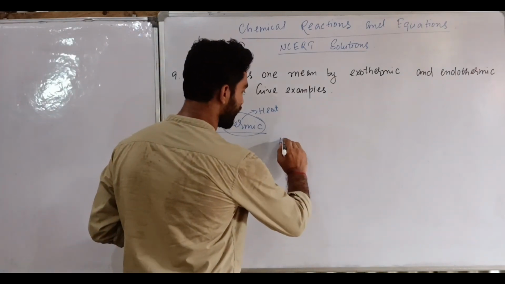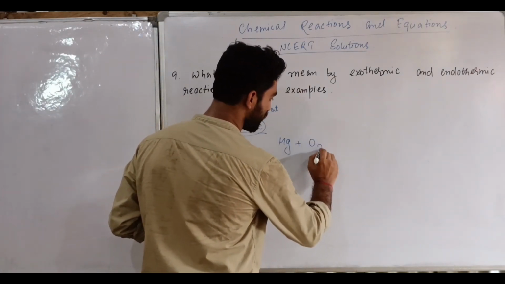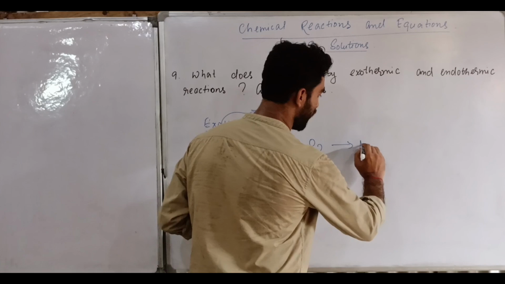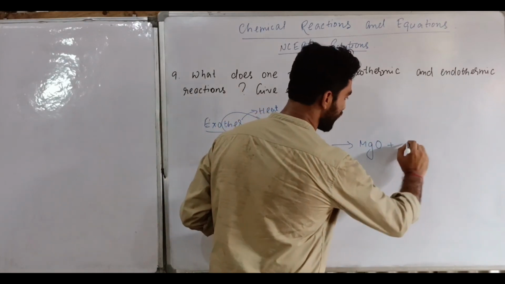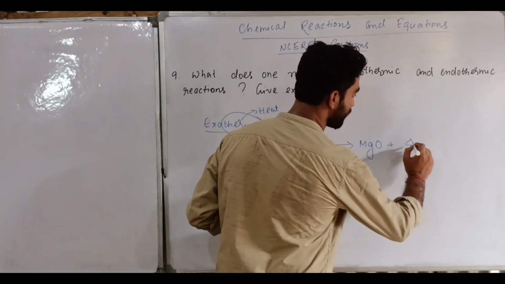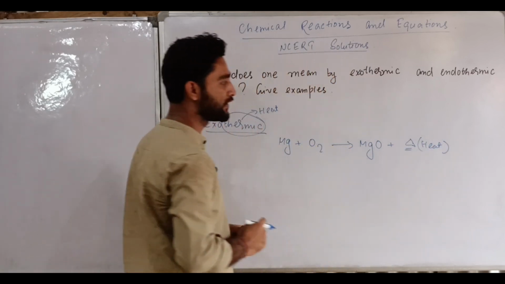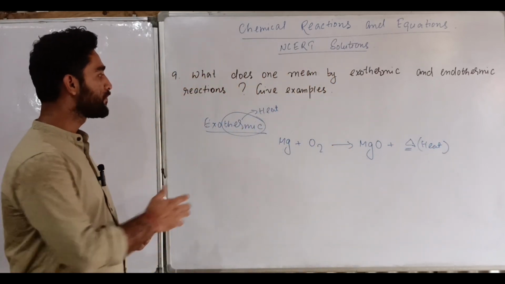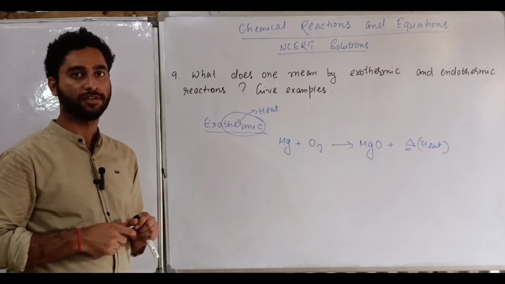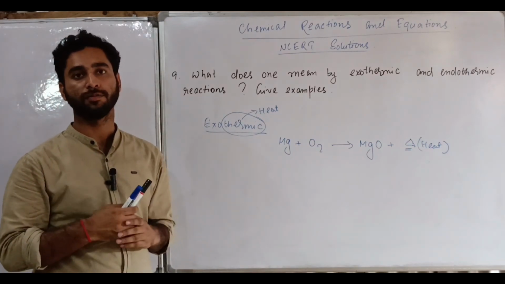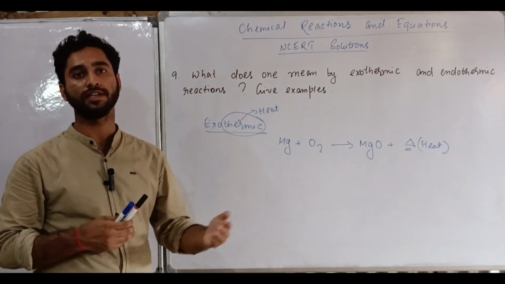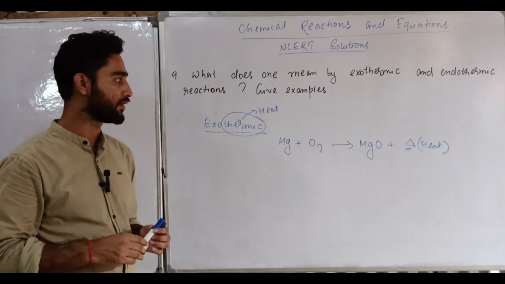Let's suppose magnesium reacts with oxygen. They will form magnesium oxide, and along with the formation of magnesium oxide, some amount of heat will be released. This is the symbol of heat, called delta. So what is an exothermic reaction?